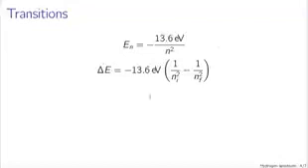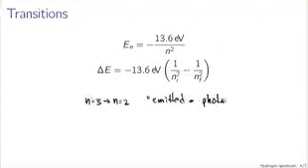The changes in energy that take place are energy carried off by the photon. So we would say, for instance, that if n equals 3 goes to n equals 2, there's a change in energy here, and we would say the atom has emitted a photon. Correspondingly, if you have an atom in state n equals 2 and it's excited up to state n equals 3 by an electromagnetic field surrounding the atom, we would say this atom has absorbed a photon.